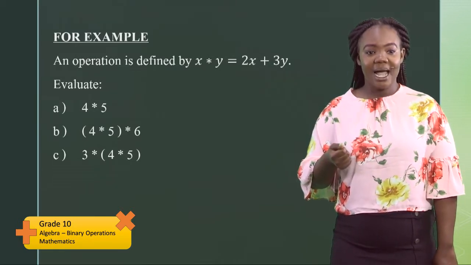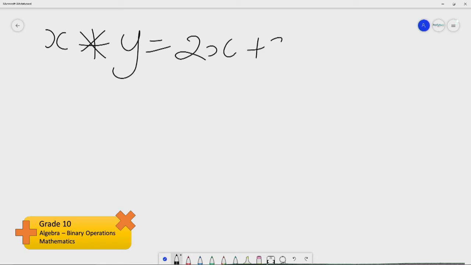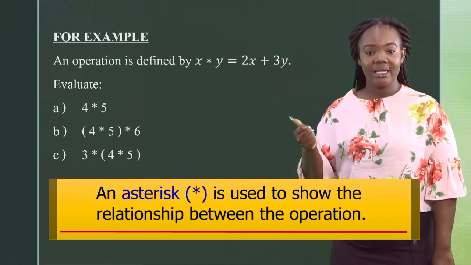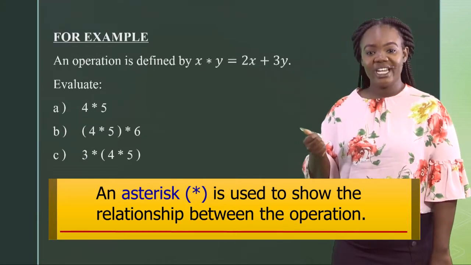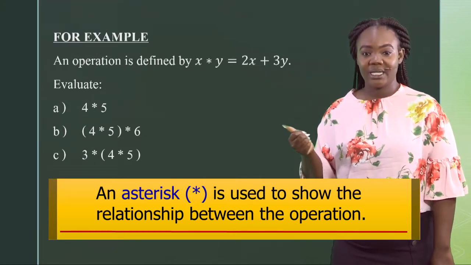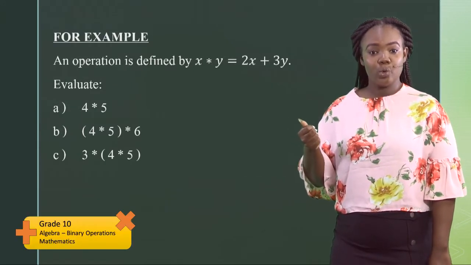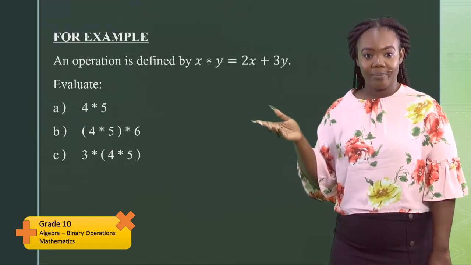The asterisk, or the star as some persons might call it, is used in the place of a mathematical operation to show the relationship between whatever is taking place. The rule says that 2 of x is then added to 3 of y.